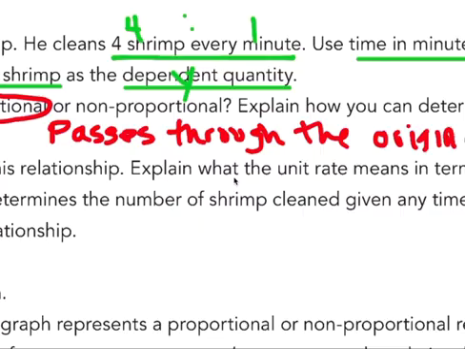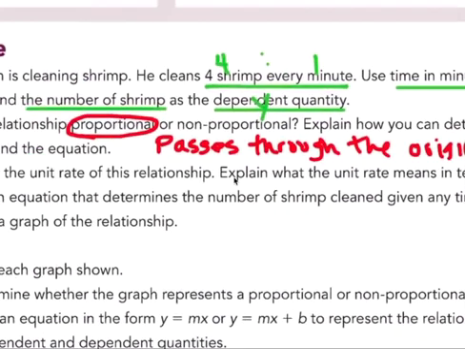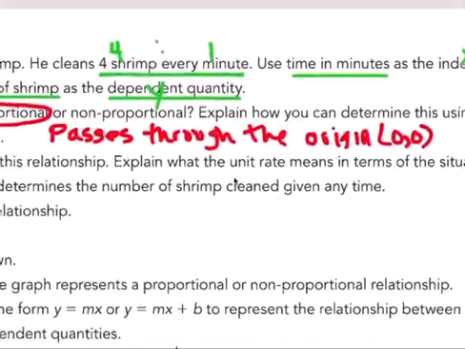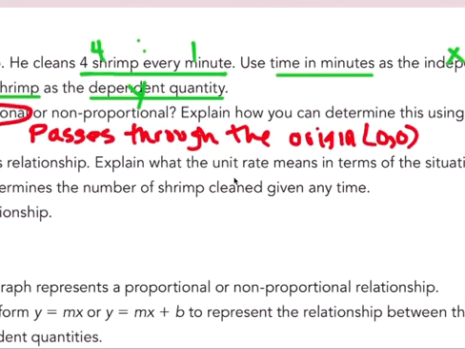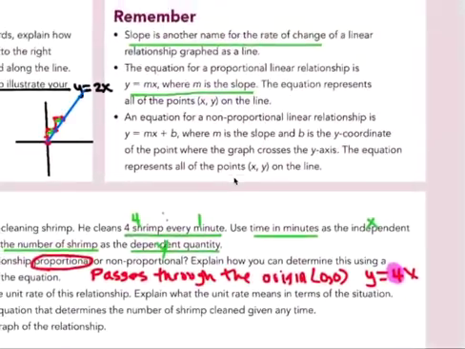Origin is 0, 0. Use an equation. The equation of this is y equals 4x, where 4 is the constant rate of proportionality. And that's where they have it right here.